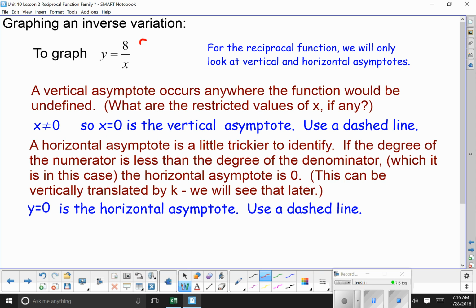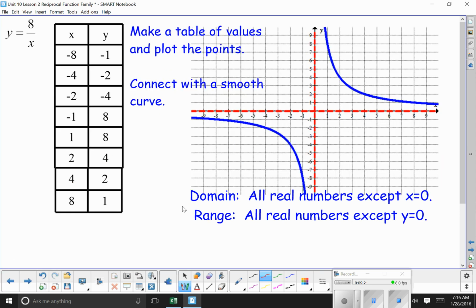For this, the degree of the numerator is 0, and the degree of the denominator is 1. If the degree of the denominator is more than the degree of the numerator, then y equals 0 plus k is your horizontal. Here we've got it. My dashed line, my dashed line.